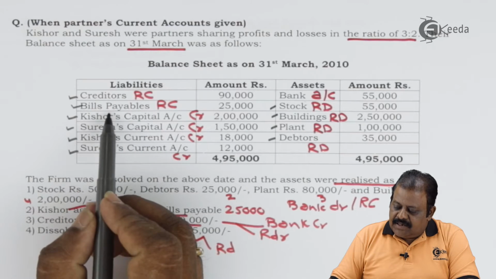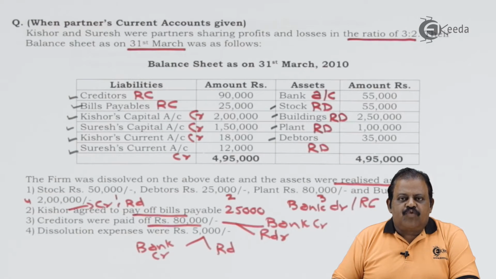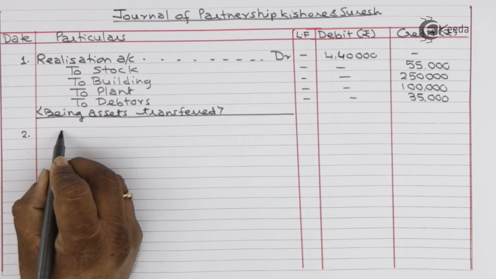Liability side, creditors and bills payable are transferred to realization account.